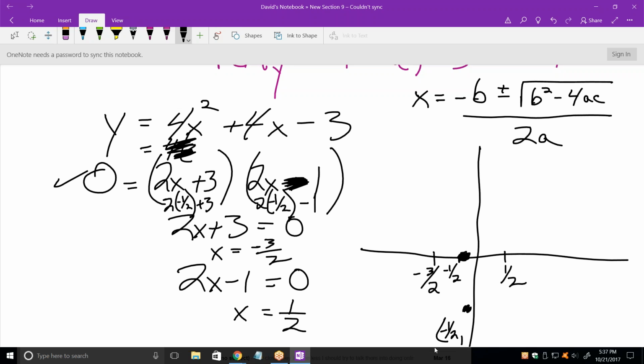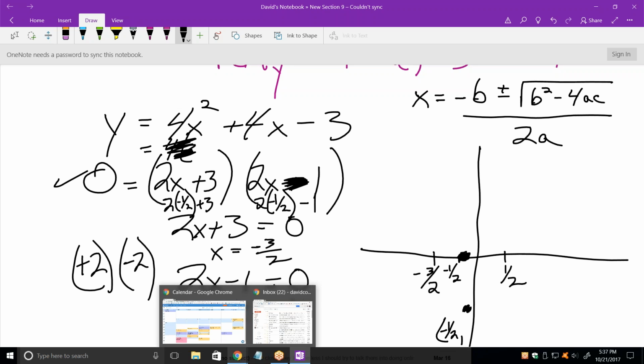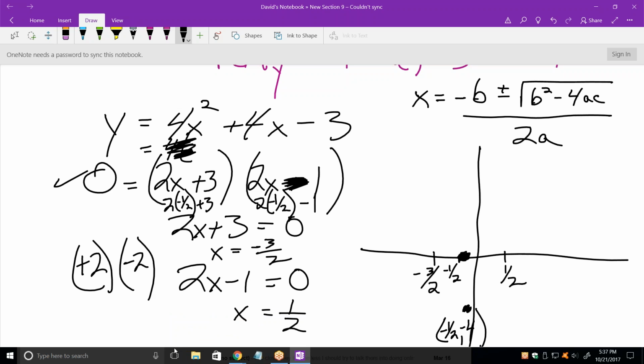So this is -1 plus 3, so that becomes +2, times -1 minus 1, which is -2. Again, the y-coordinate is -4. All right. What I got was -4 when I plugged in -1/2.